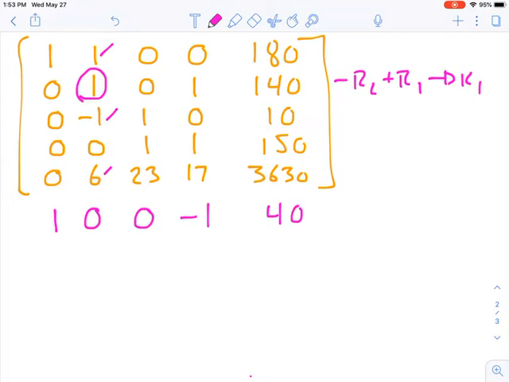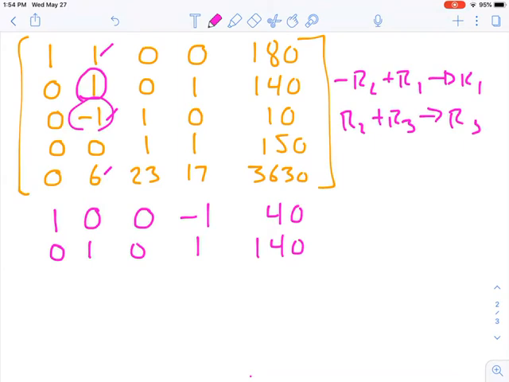To get rid of this number right here, all we have to do is take row 2 and add it to row 3, and that's going to replace row 3. So 0 plus, we want to make sure that we rewrite the second row, because that's not changing.